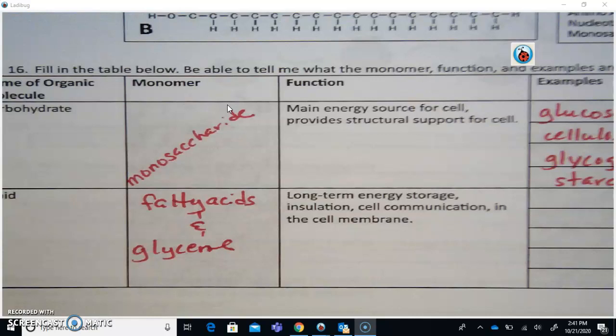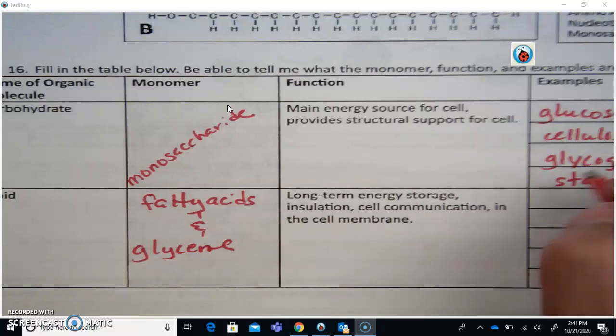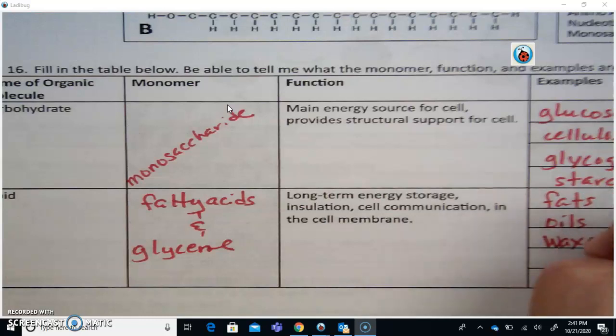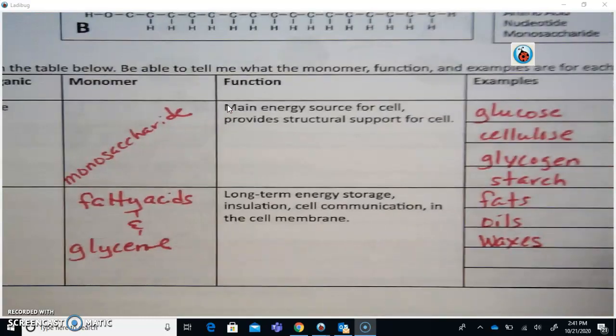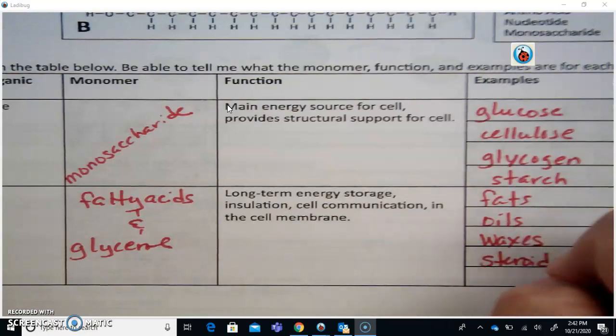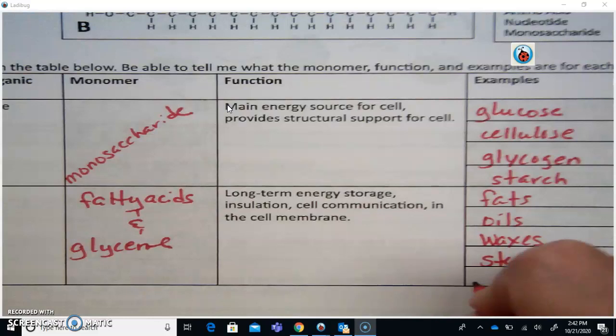They can also function in cell communication because there are some hormones that are lipids, some steroid hormones, and they also, of course, help make up the cell membrane. Some examples include fats, oils, waxes, like the waxy cuticle on the surface of a leaf. Again, steroids, which are hormones, and phospholipids.